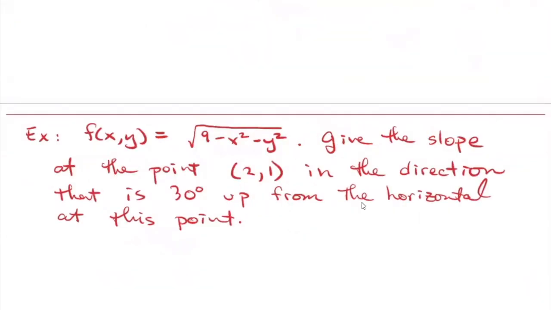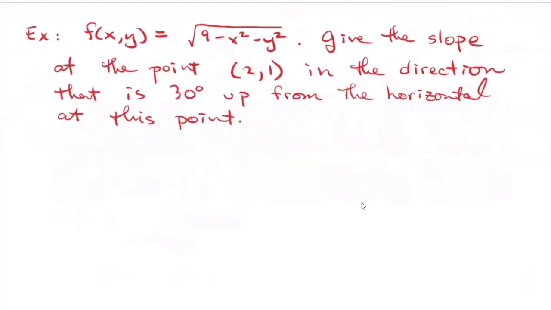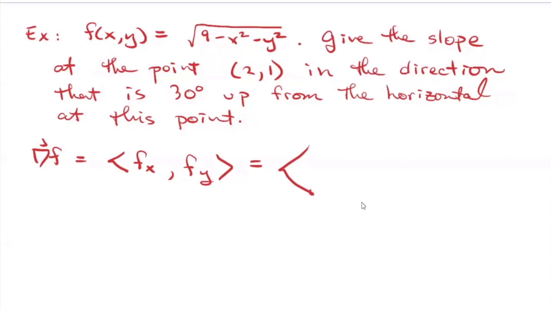There we go. Okay, so first of all, let's just compute the gradient of f. So the gradient of f is the vector with the partial derivatives, making the total derivative vector, the gradient. So fx would be, let's see, first I would do a 1 over 2 times the square root. So you have a 9 minus x squared minus y squared there. And then you multiply by the derivative of what's inside, which would be a negative 2x.